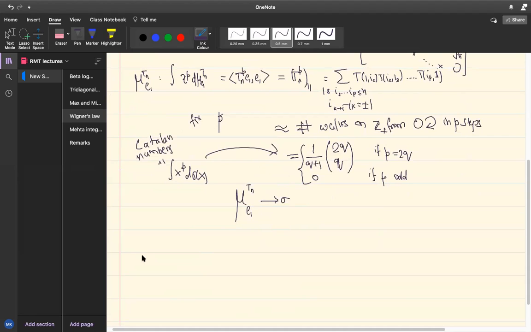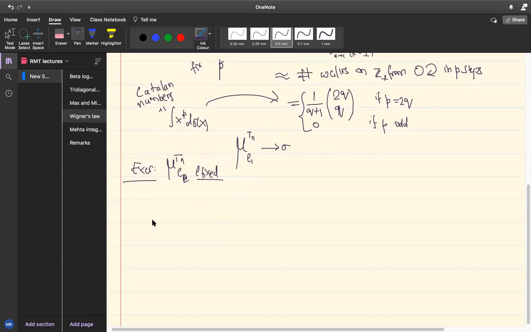Now it is a good exercise to calculate mu Tn E_L for some fixed L. L is fixed. So calculate what happens to mu Tn E2. Okay, you don't get sigma, you get something else. You get different ones for L fixed. Let me leave it as an exercise.